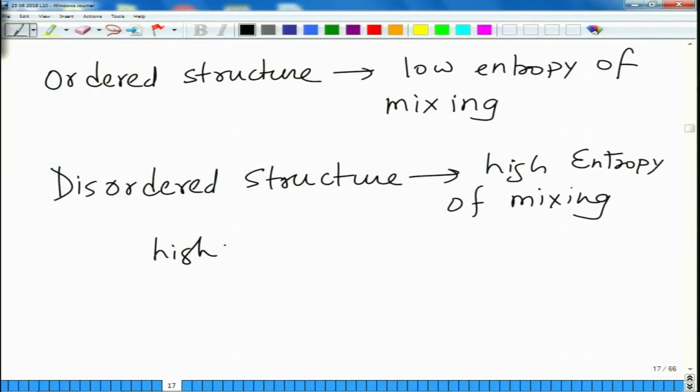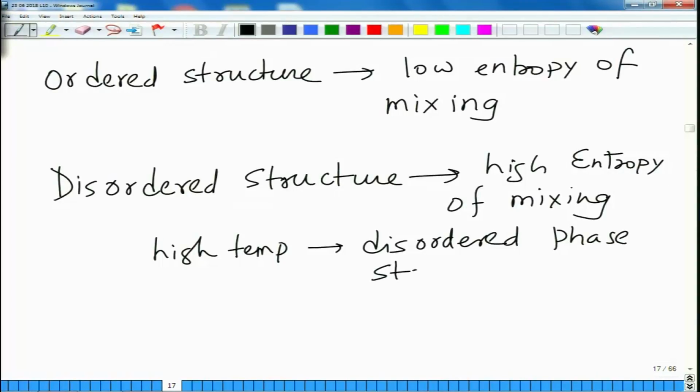But in reality what is observed is that generally at high temperature your disordered phase is stable, whereas at low temperature the ordered phase is stable.